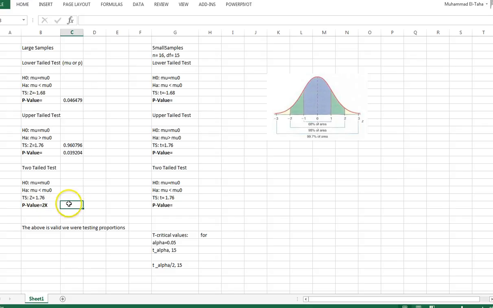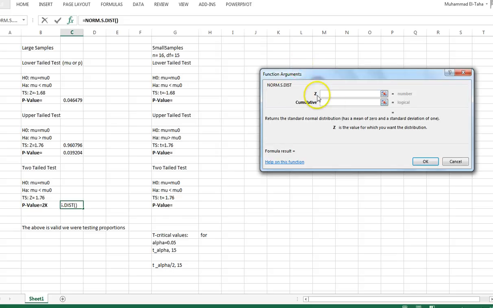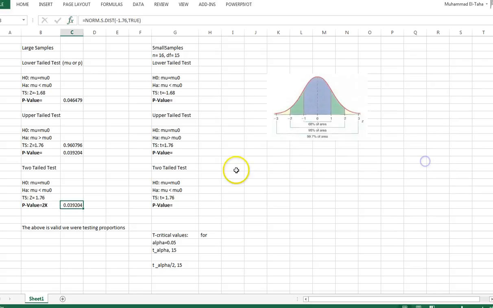So again, I use the normal standard distribution, take negative 1.76 and say TRUE, and I get the same value here, but my p-value is going to be double that, so equal 2 times the value I got here, and that should be my p-value.